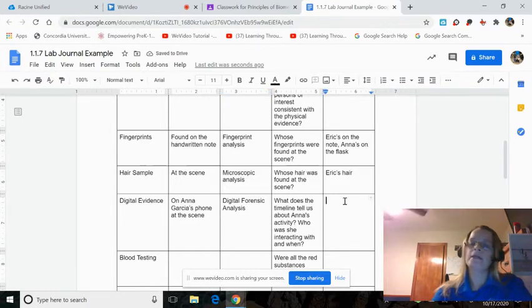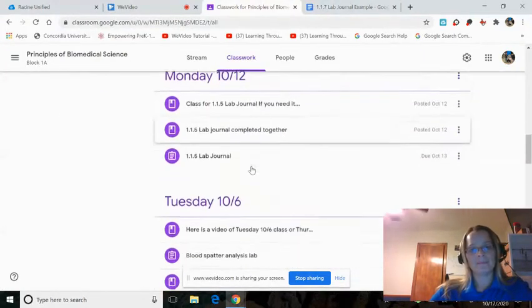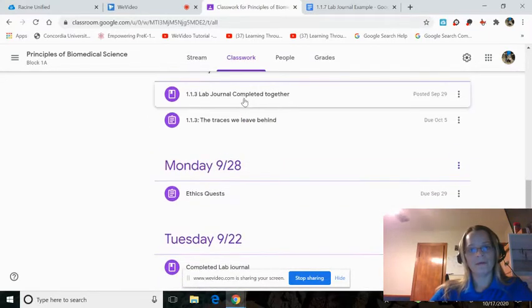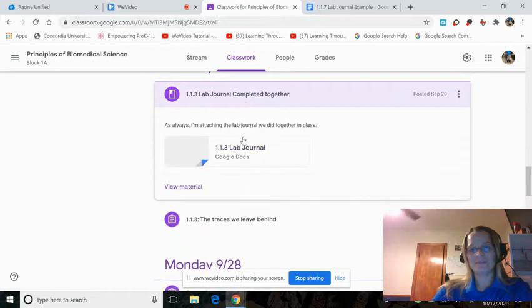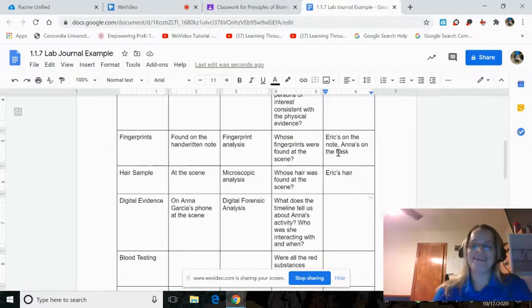And the timeline, you can look this up. This would be in 1.1.3. Remember, we did this together. This is where I'm getting all of this information. So if you want to look it up on your own, you can.